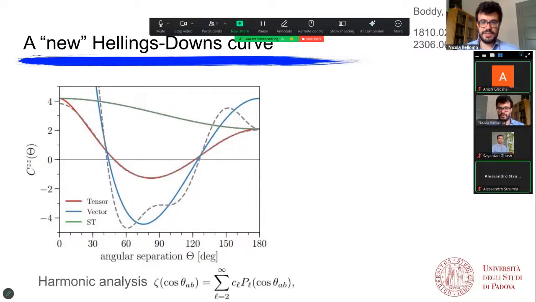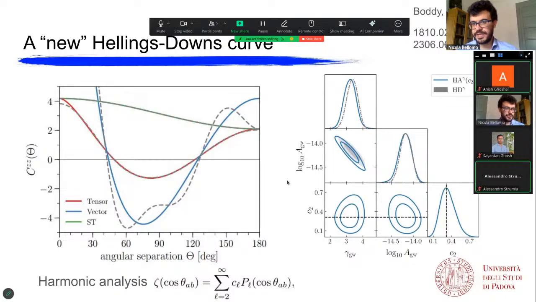The way to do it is to do a harmonic analysis in which the Hellings-Downs curve is expanded into Legendre multipoles and then constrain the size of these multipoles, because the value of these multipoles is going to be radically different depending on whether we have scalar, vector, or tensor degrees of freedom.